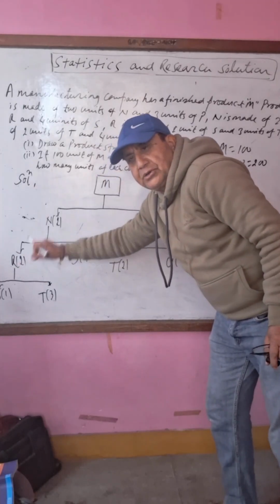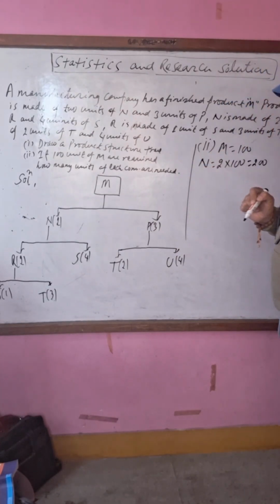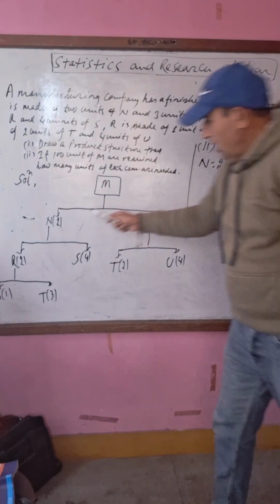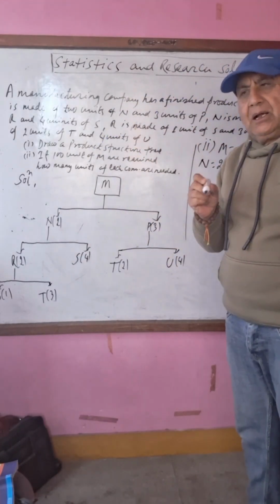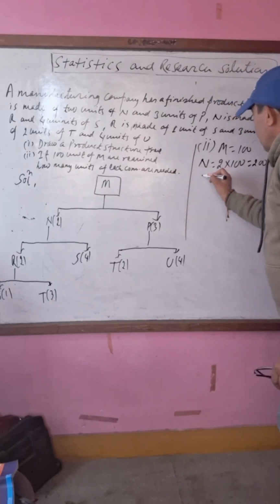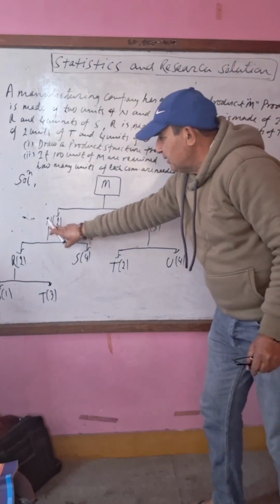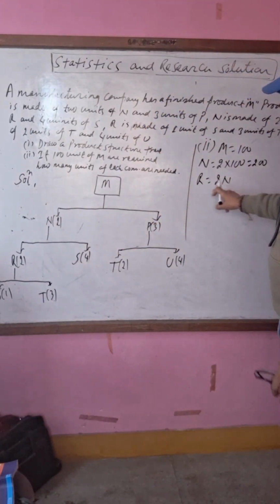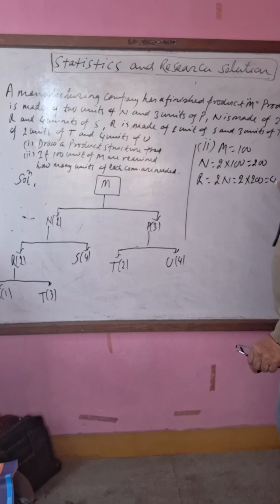Here R is 2. So R is equal to 2N, because of this N. R is equal to 2 into N, N is 200, so 400 R is required.